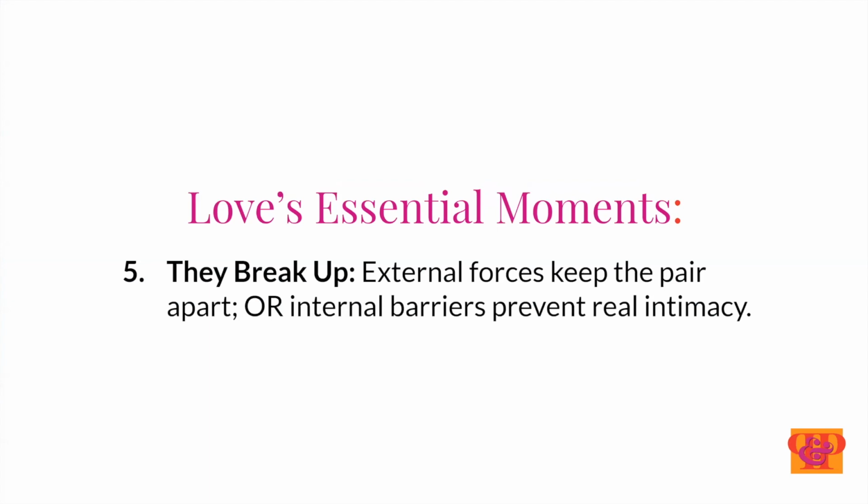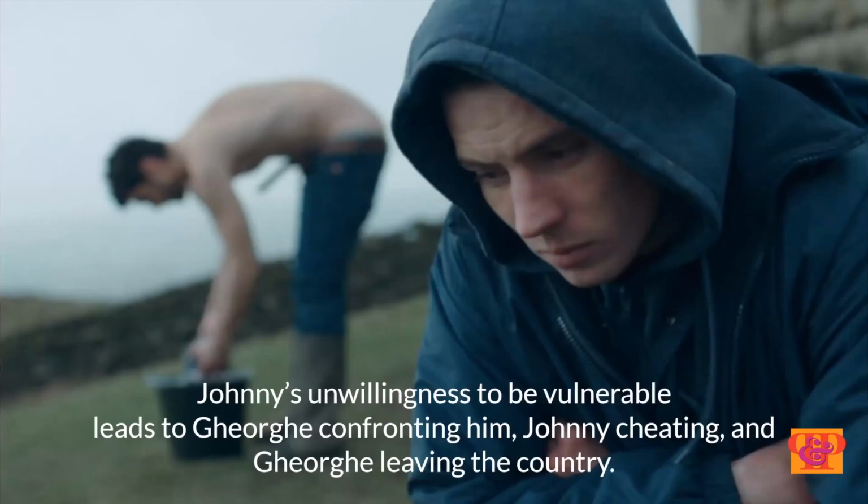Quite often, external forces begin to keep the main characters apart. In other stories, it's the protagonist's internal barriers to intimacy that do this job. In God's Own Country, Johnny and Georgi are isolated together in the hills and become sexual partners. But Johnny is emotionally incapable of real intimacy.